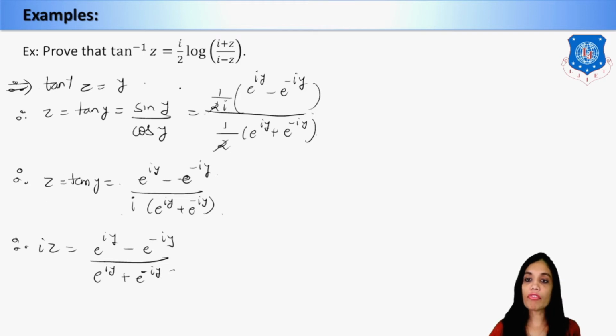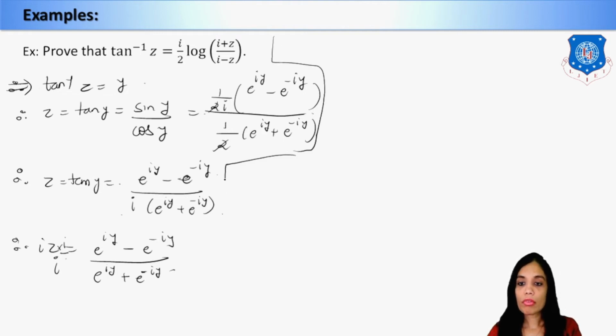Fine. Now what I will do is multiply and divide by i over here. So I will get finally in the numerator i squared. So the answer of i squared is minus 1. So minus z upon i.